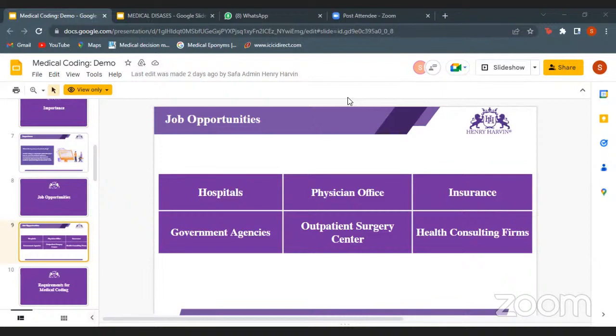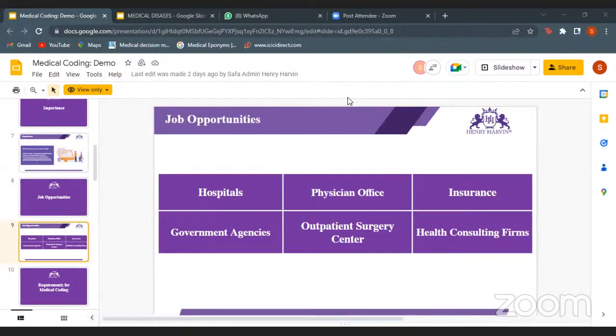Then there is Medicaid, which is a state policy. For that also the government requires a coder, because Medicare and Medicaid insurance claims go directly to CMS, the Center for Medicare and Medicaid Services.